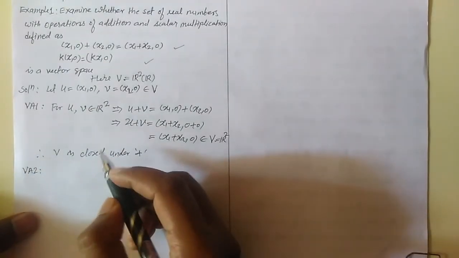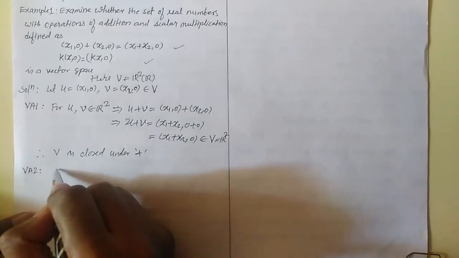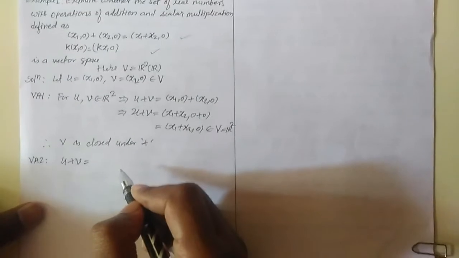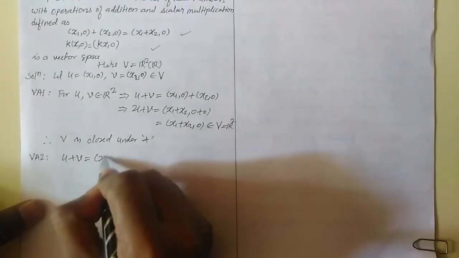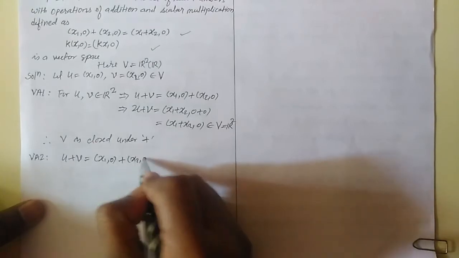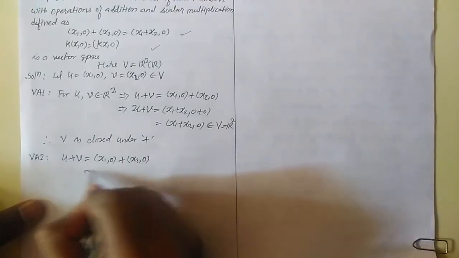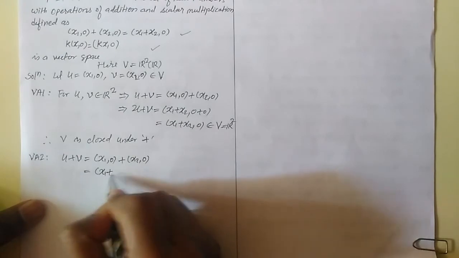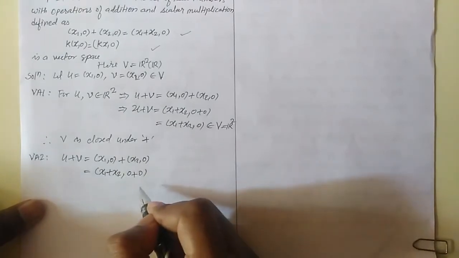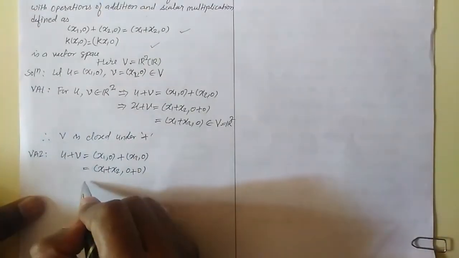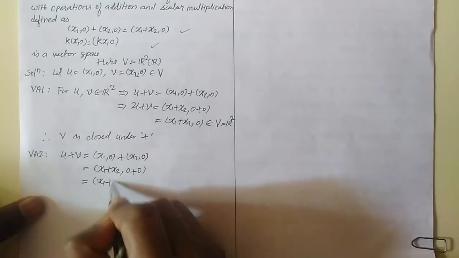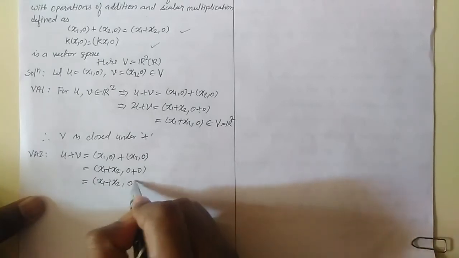Now the second axiom, the commutative axiom. We will determine the commutativity. u + v = (x1, 0) + (x2, 0) = (x1 + x2, 0 + 0) by component wise addition, which equals (x1 + x2, 0).